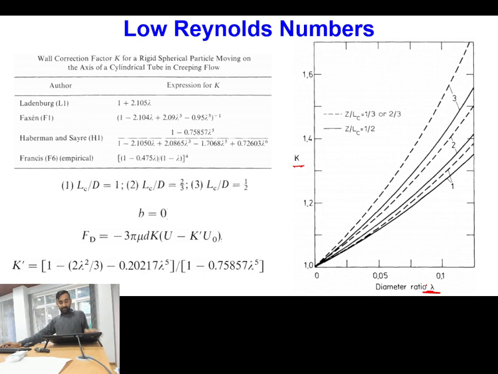I am just making you familiar with the relations. So if a question comes in the exam, you should be able to decide which graph to use and which relation you have to choose. Okay.